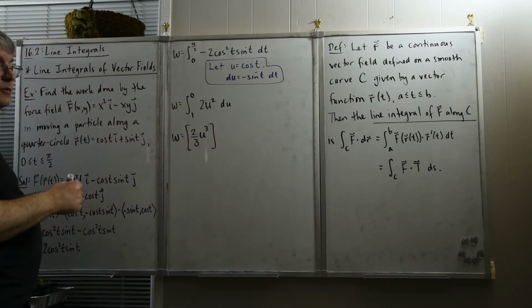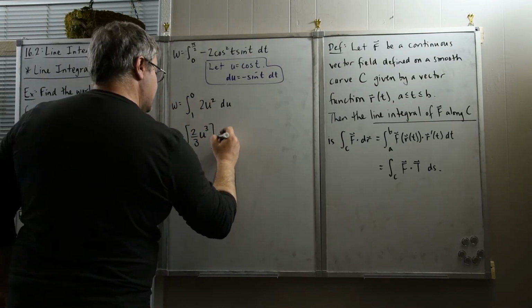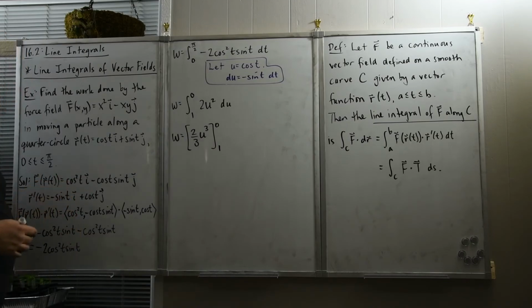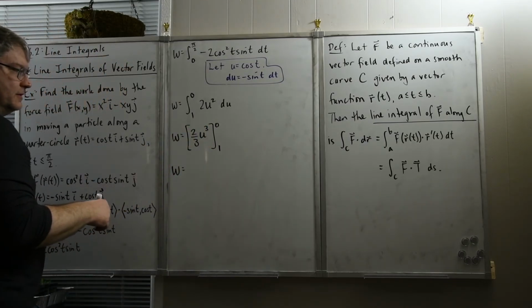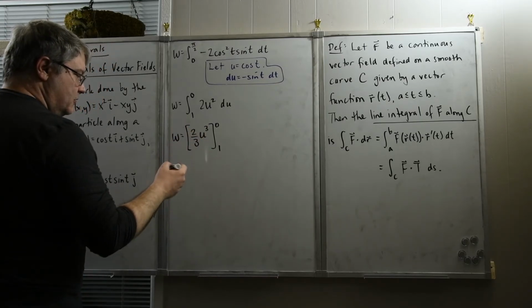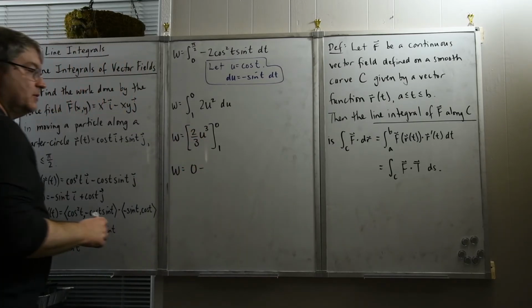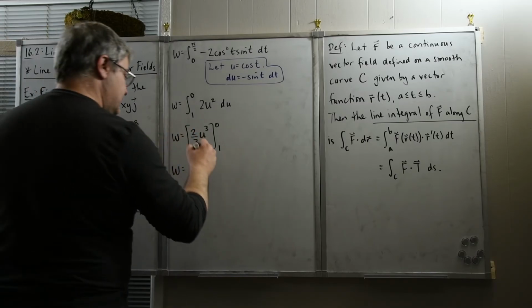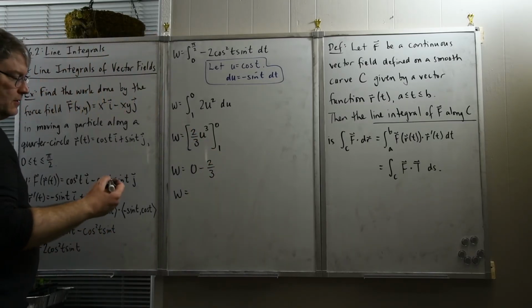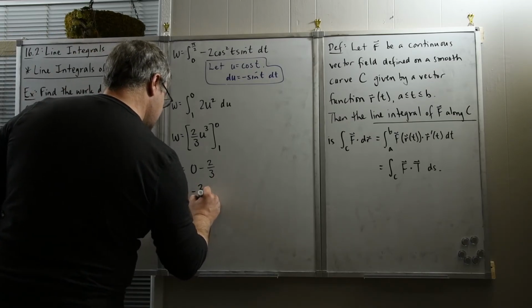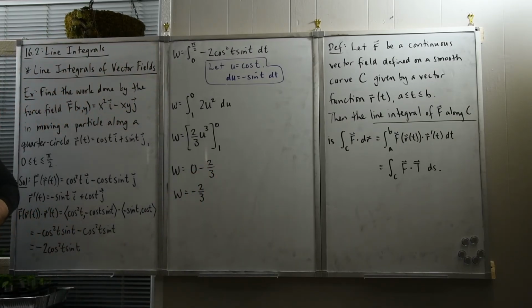When we integrate the 2u squared, that's what we get. And then the top limit of integration is 0, the bottom limit is 1. If you plug in 0 for u, 2/3 times 0 cubed gives you 0. Subtract what you get when you plug in 1 for u, and that'll be subtracting 2/3, so the work done is negative 2/3. All right.